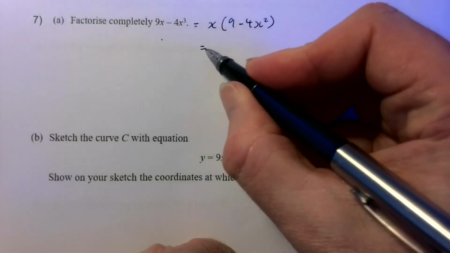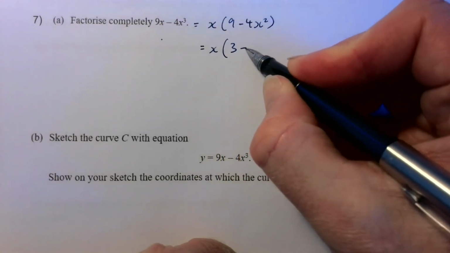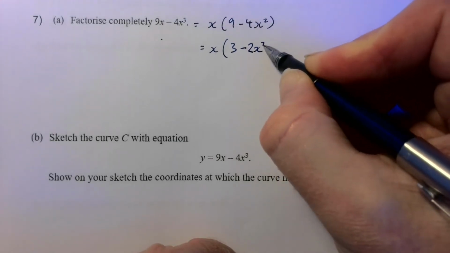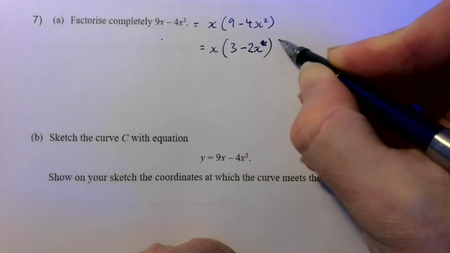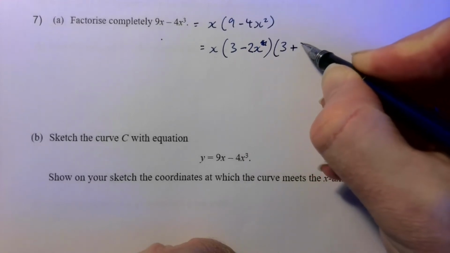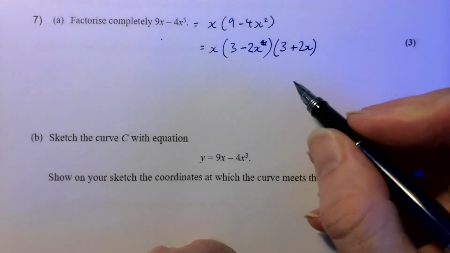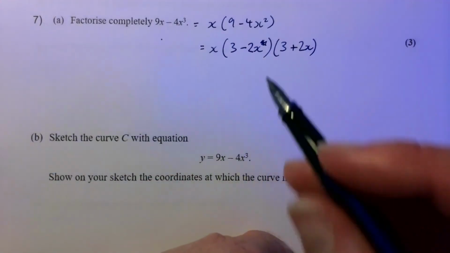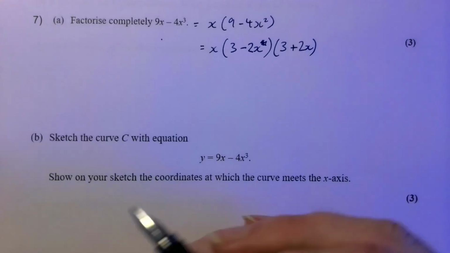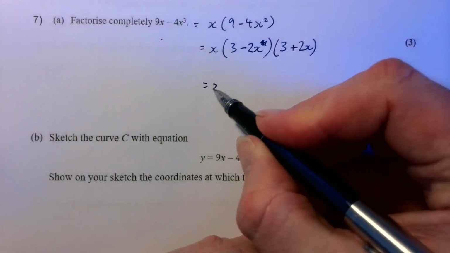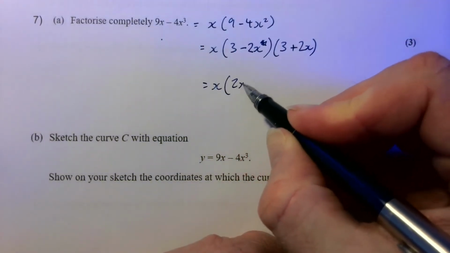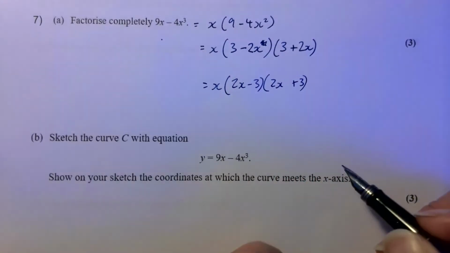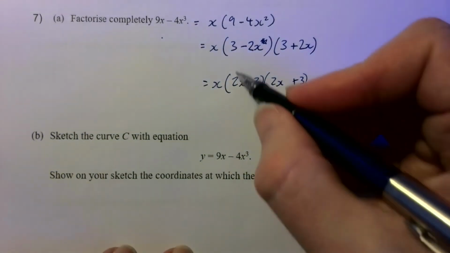So that can then become 3 take 2x, and then exactly the same thing but with a positive, and that means that the x's would cancel out if you expanded that. So that is completely factorized. By the way, you could have had 2x take 3 and 2x plus 3, because that would give you exactly the same thing as well.